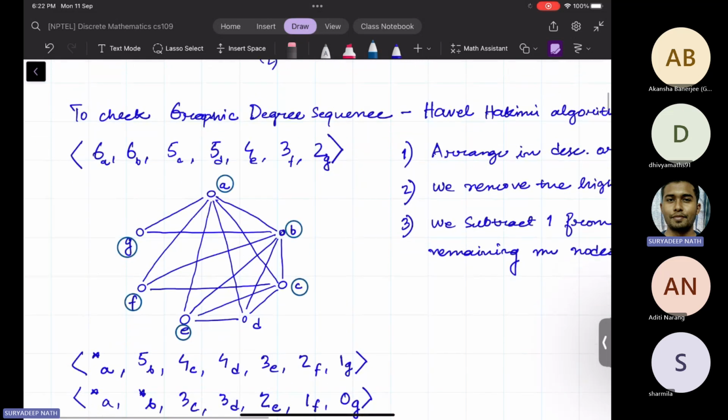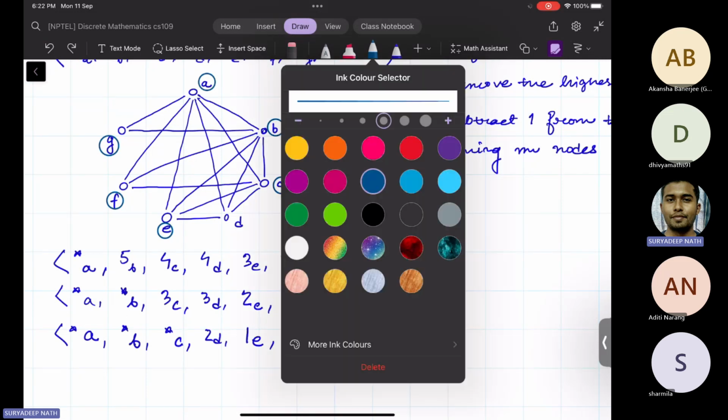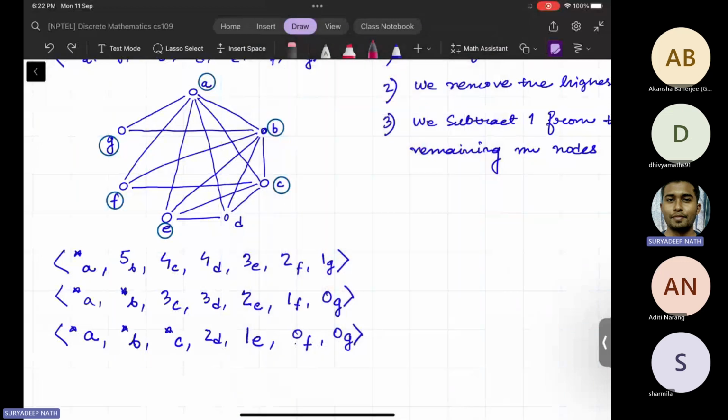Given this degree sequence 6655432, their degrees are satisfied, but for D not satisfied. So I'll color it in red, not satisfied. Therefore it is not a valid degree sequence.